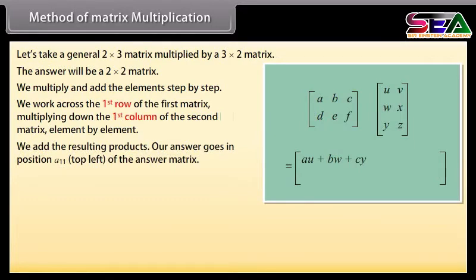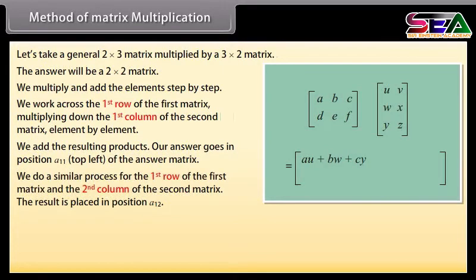We add the resulting products. Our answer goes in position a11, that is top left of the answer matrix. We do a similar process for the first row of the first matrix and the second column of the second matrix. The result is placed in position a12.